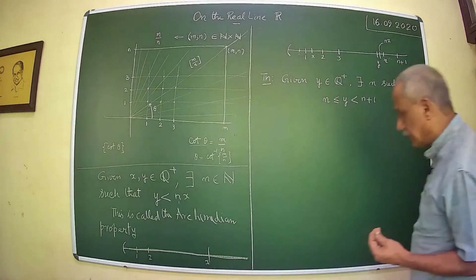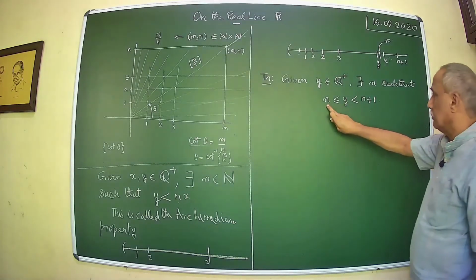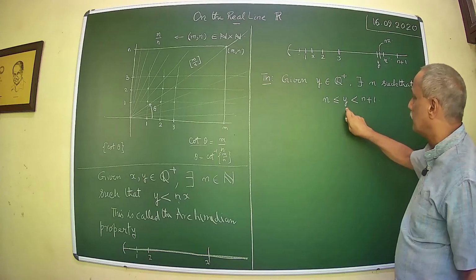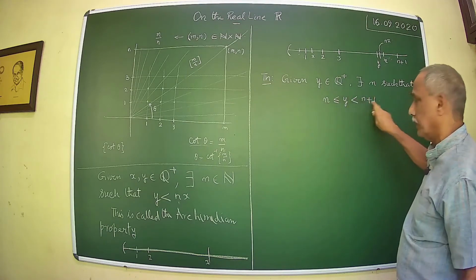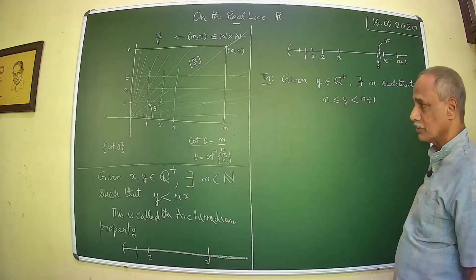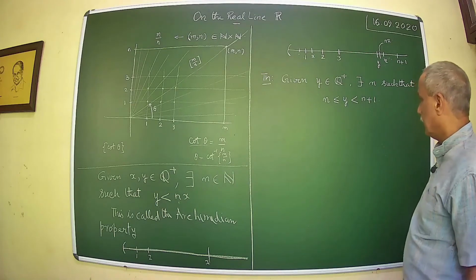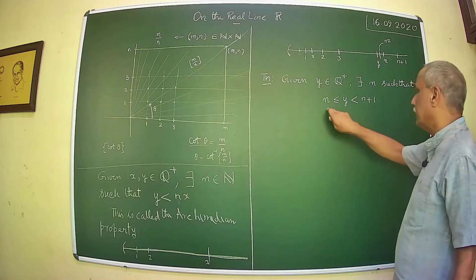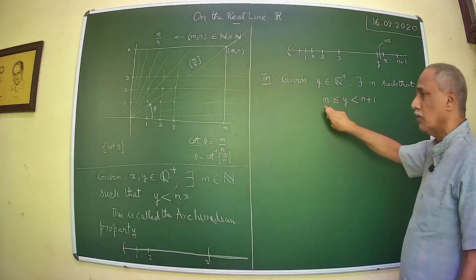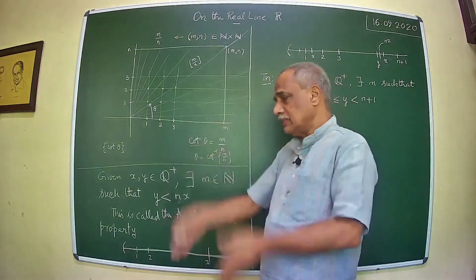What it says is that there exists a natural number n with the property that y is squeezed between n and n plus 1. Now y also could be a natural number, then of course it is going to be equal to the particular natural number n. Even otherwise, it is squeezed between n and what is n plus 1? N plus 1 is the successor of n. So it falls between n and its successor.